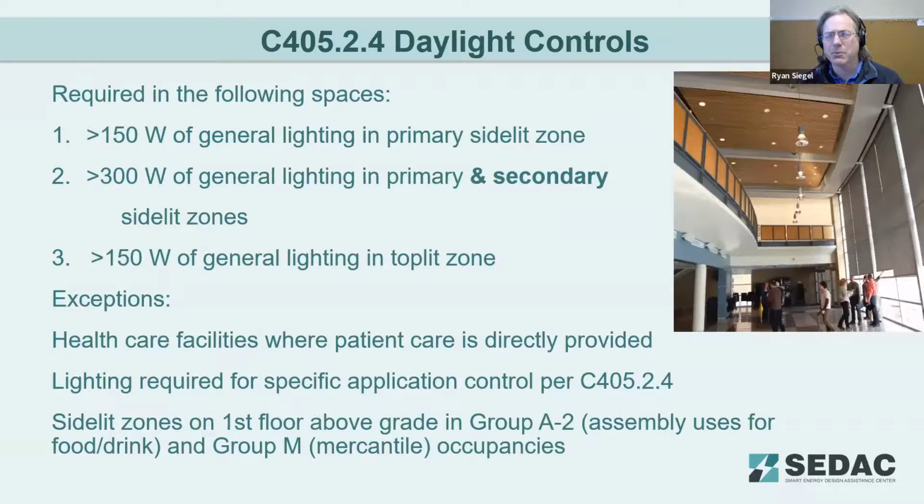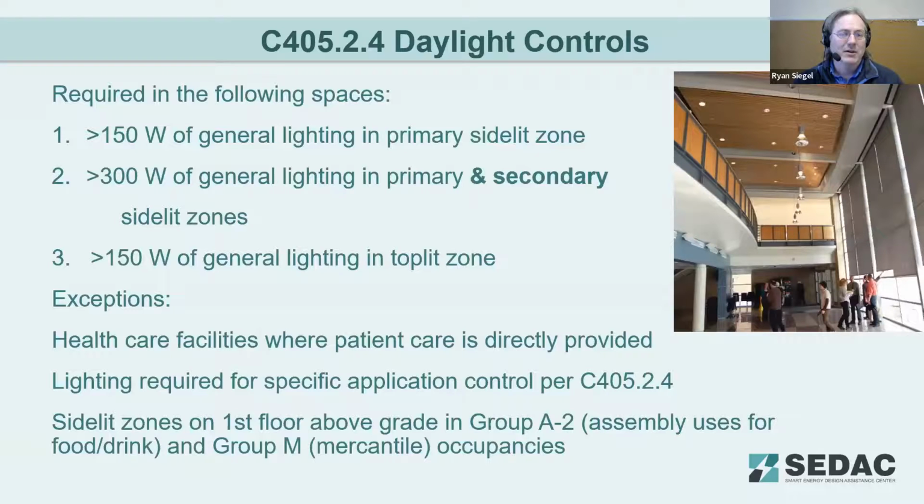Many of the changes moving from the 2018 to the 2021 IECC are more closely aligning the IECC with ASHRAE 90.1. So several of these requirements that are new to the 2021 IECC have already been in ASHRAE 90.1.